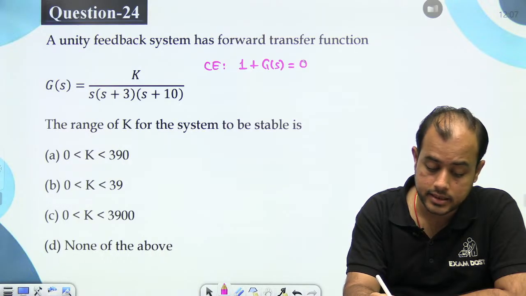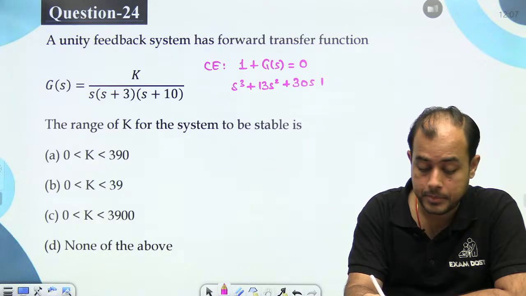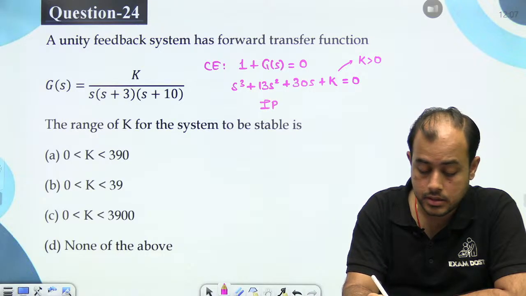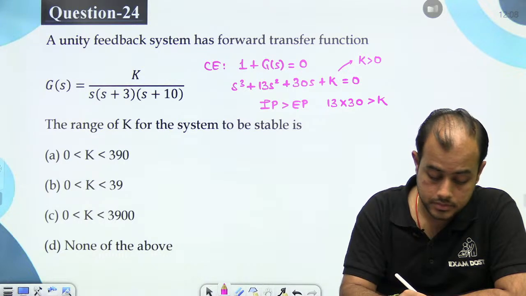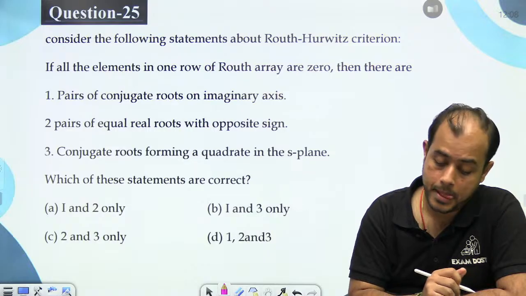This is my characteristic equation. So K must be positive. Then use internal product greater than external product. K less than 390. Simple question.